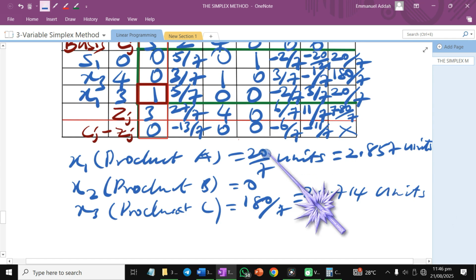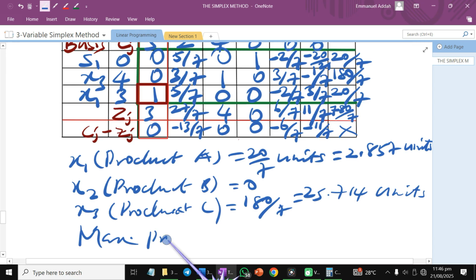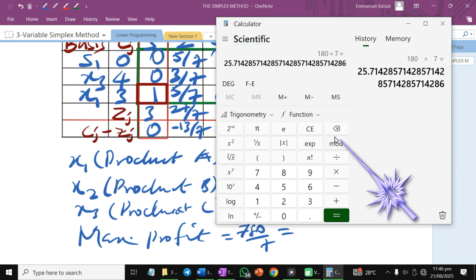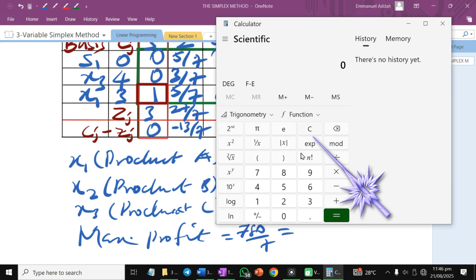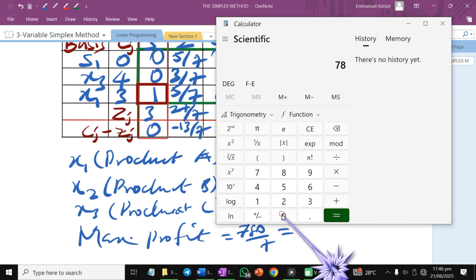Then the maximum profit is equal to the value of Zj here, 780 over 7, which is 780 divided by 7.